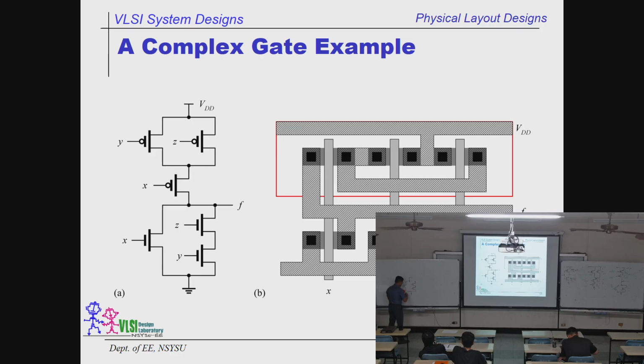For every transistor, it's replaced by an arc. This is an arc. And we have another arc over here. And for the power supply and the output and all the nodes in between 2 transistors is considered the vertex.